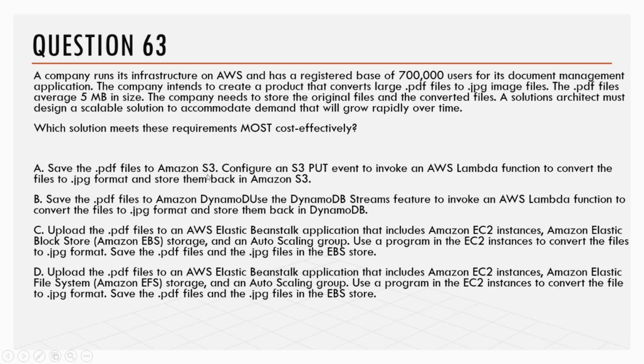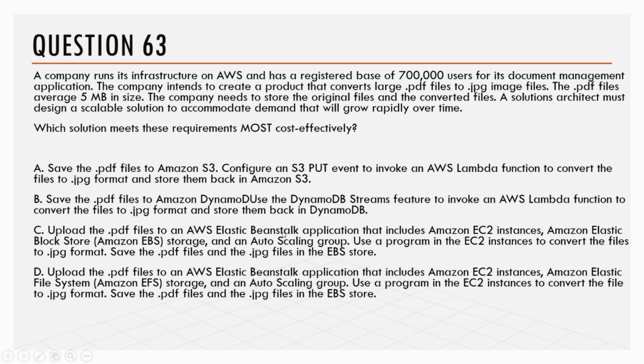Option A, save the .pdf files to the Amazon S3 bucket. Configure an S3 put event to invoke an AWS Lambda function to convert the files to .jpeg format and store them back in Amazon S3. Option B, save the PDF files to Amazon DynamoDB. Use the DynamoDB Streams feature to invoke an AWS Lambda function to convert the files to .jpeg format and store them back in DynamoDB.